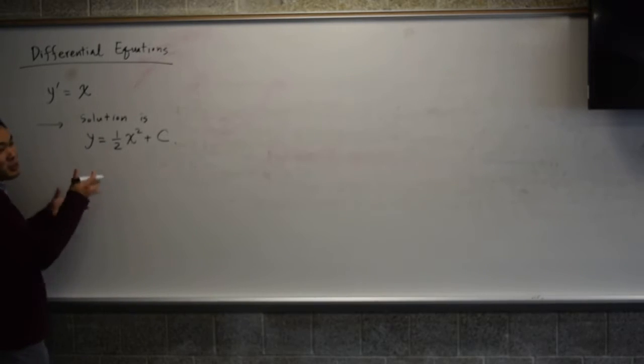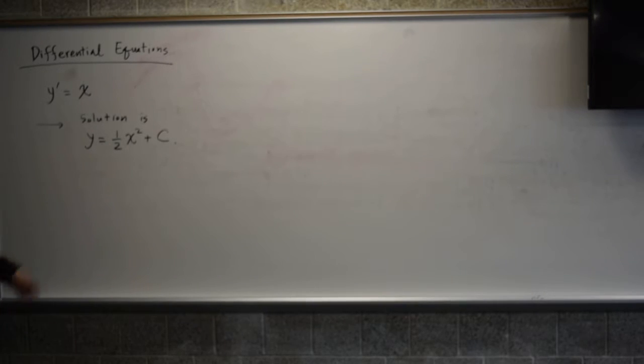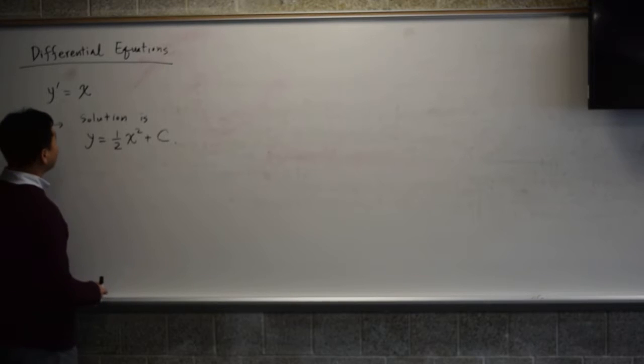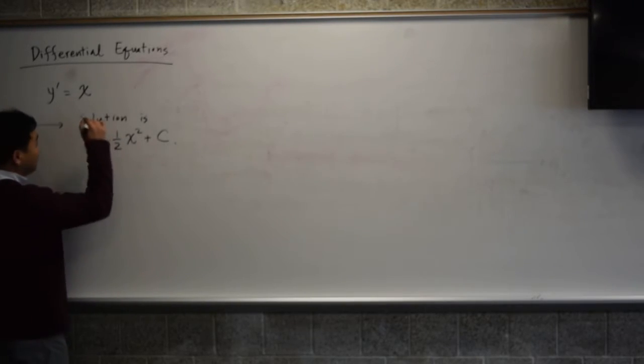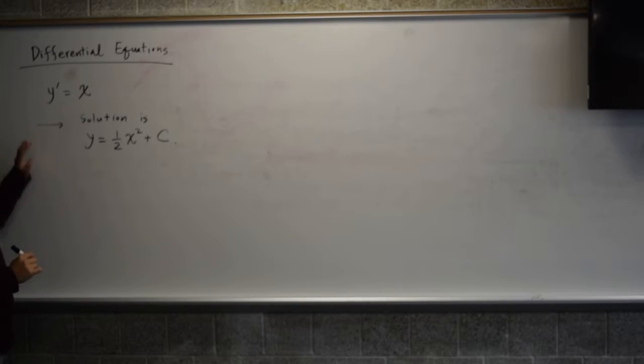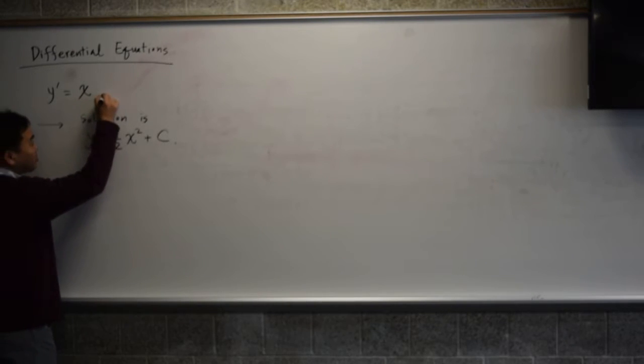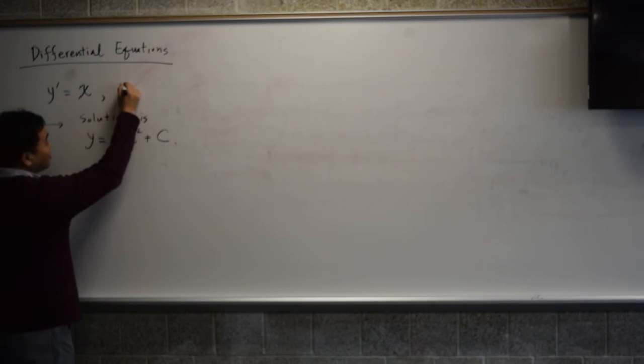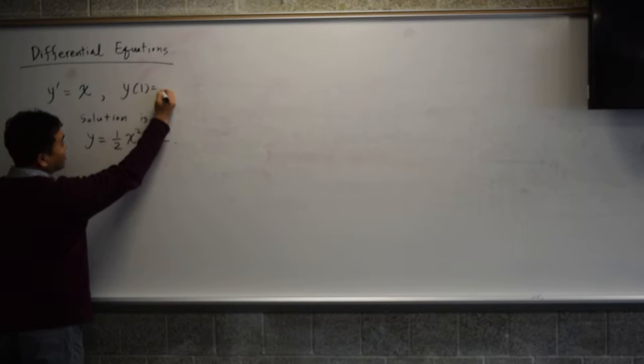All right. Well, it's going to be much more complicated than this. Now, often what you will be given is not just a differential equation, but with another additional condition called an initial condition. So say y of 1 is 2.